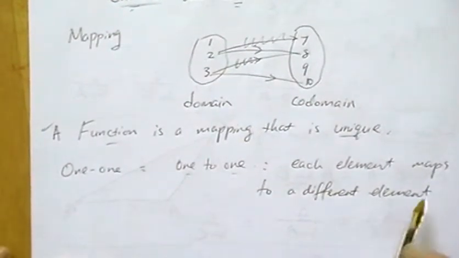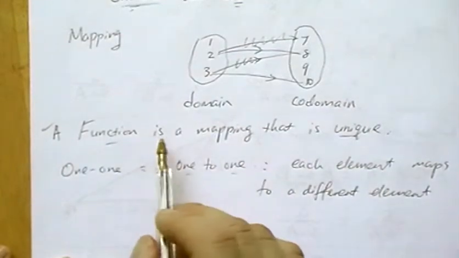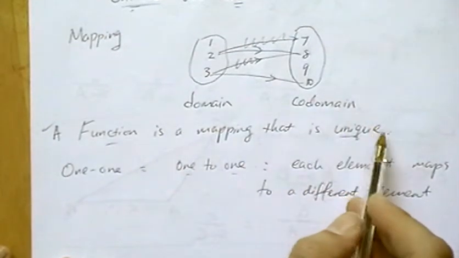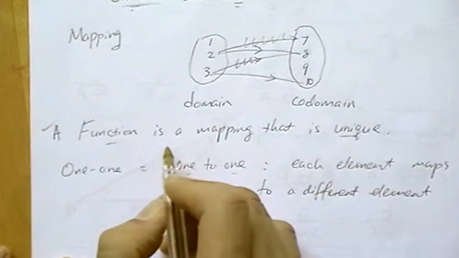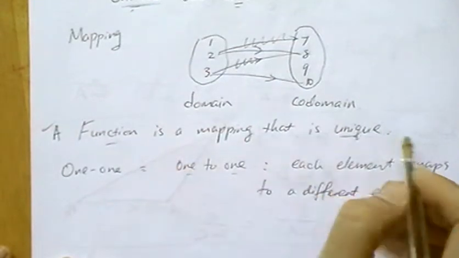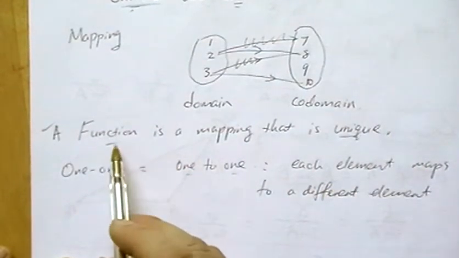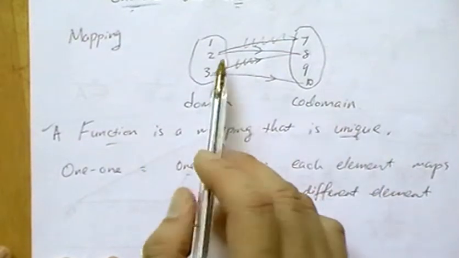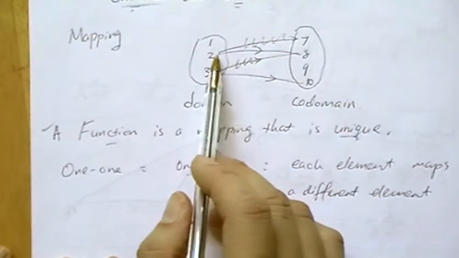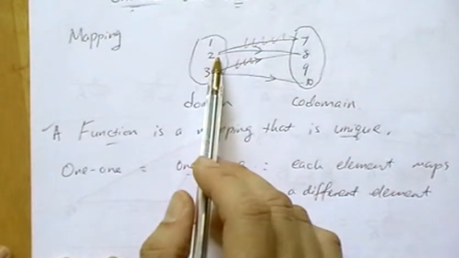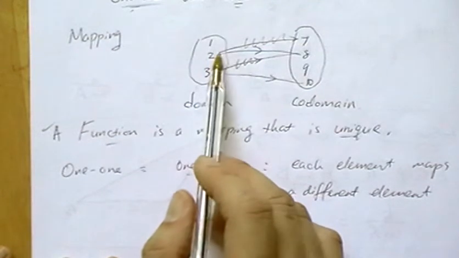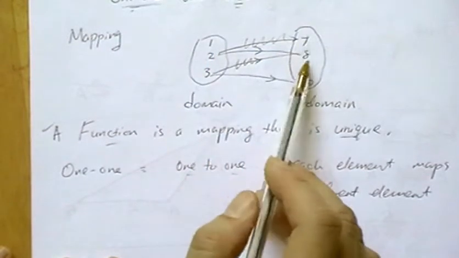Now, before I go any further, let me go back to the function again. There's actually another requirement about the function. I've talked about how a function is a mapping that is unique. So that means that we can't have one element mapping to two different elements.